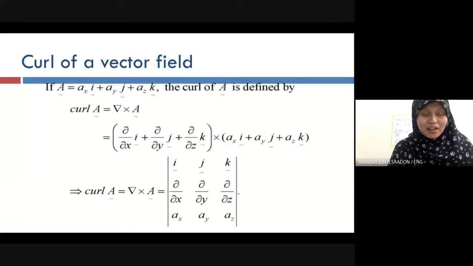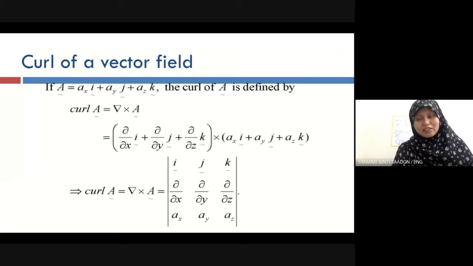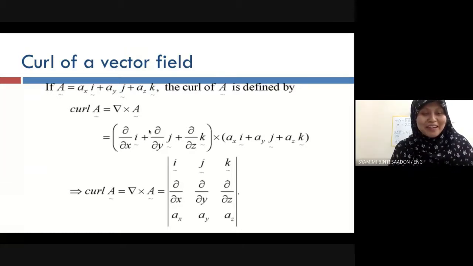Next, curl. I think there's another name, I don't remember. But a curl of a vector A, we have vector A, curl of a vector A is the cross product.